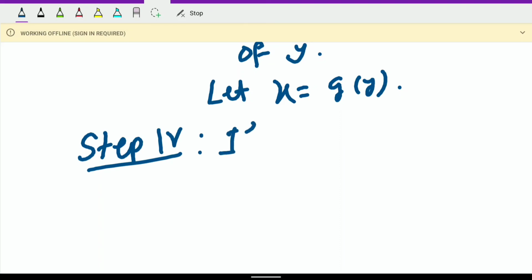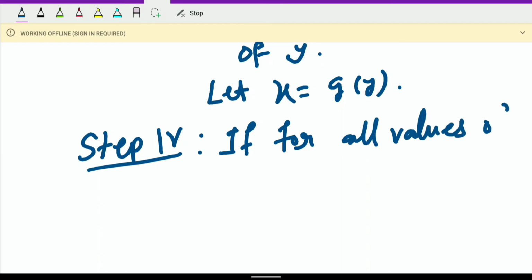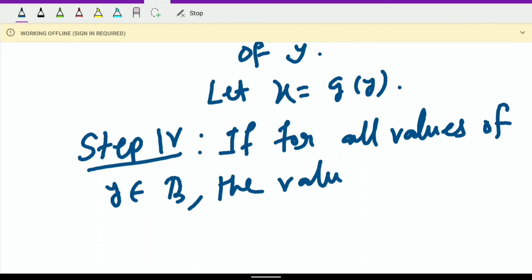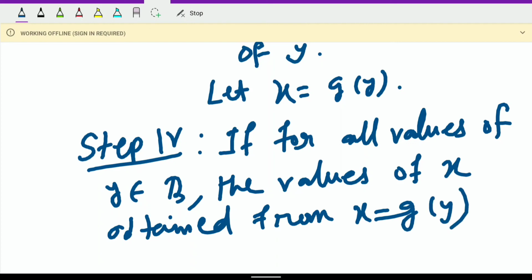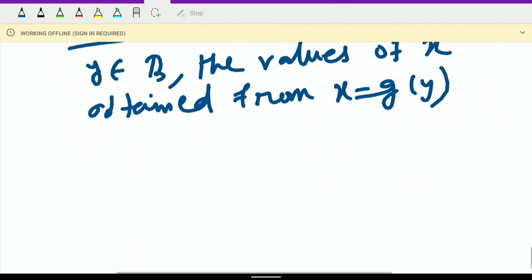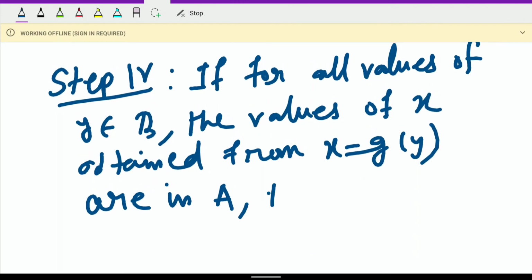If for all values of y belonging to B, the values of x obtained from x equals g of y are in A, then f is onto.